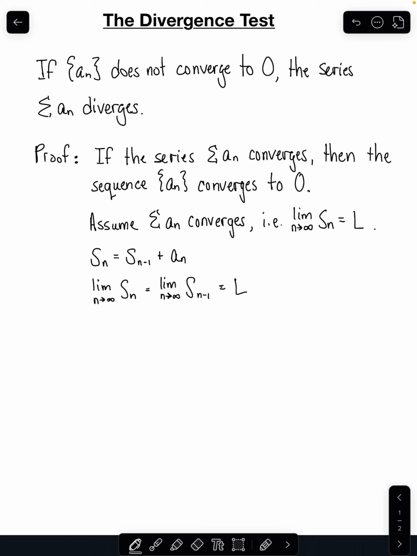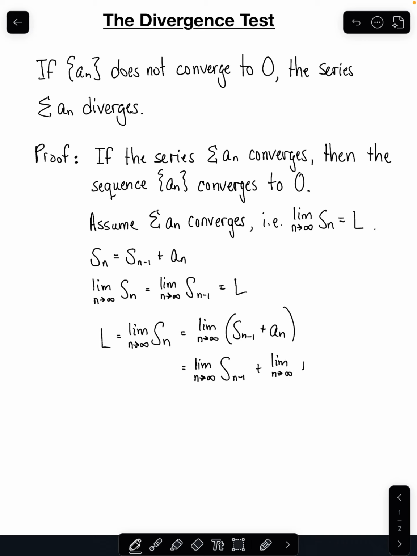Thus, if L is equal to the limit as n goes to infinity of s sub n, which is therefore equal to the limit as n goes to infinity of s sub n minus 1 plus a sub n, through a property of limits, we then have the limit as n approaches infinity of s sub n minus 1 plus the limit as n goes to infinity of a sub n.